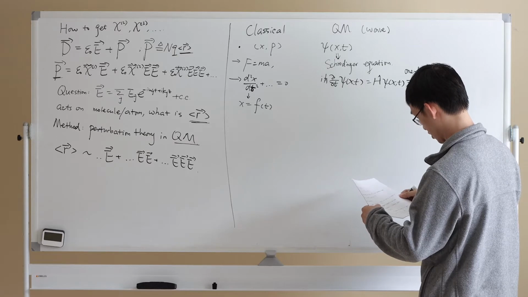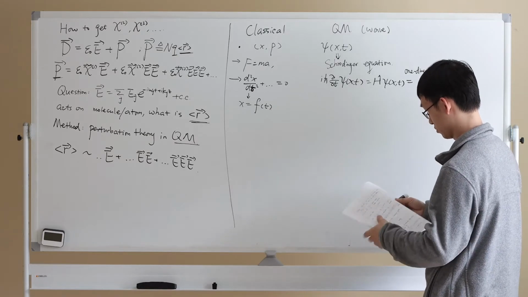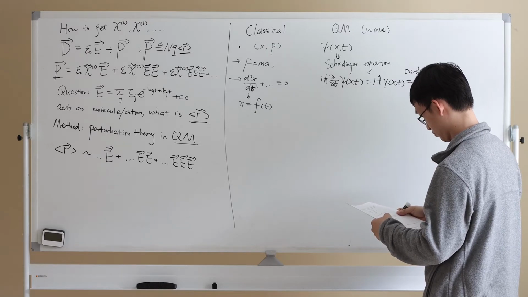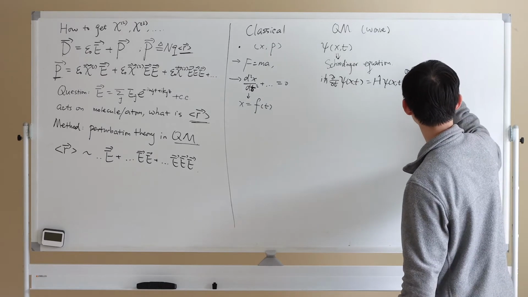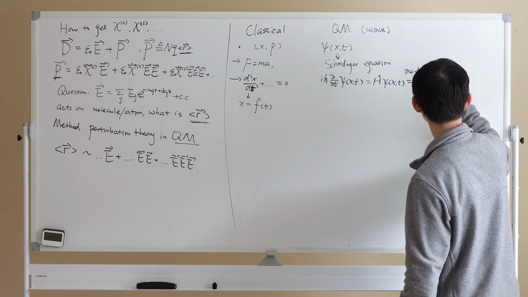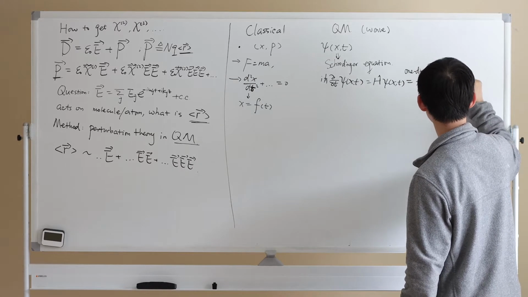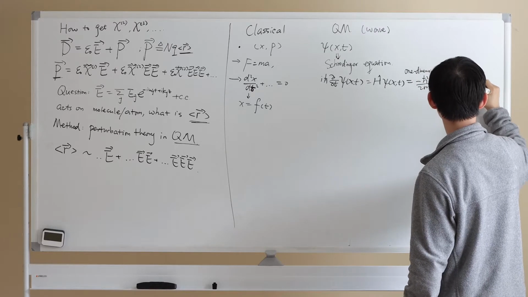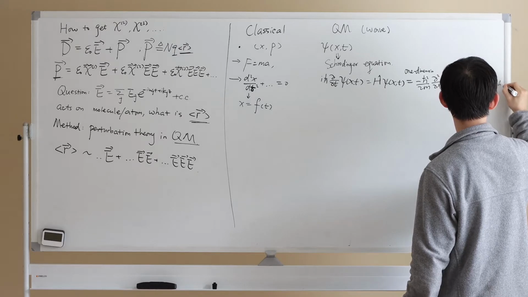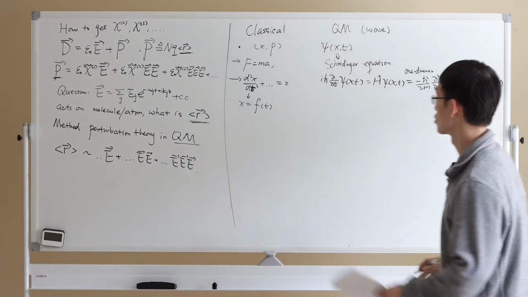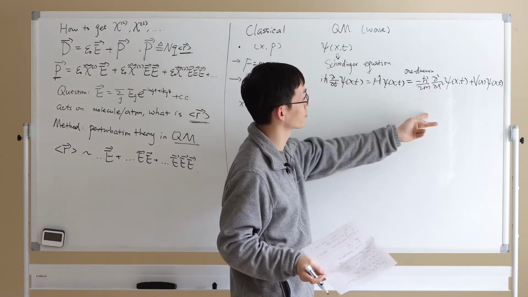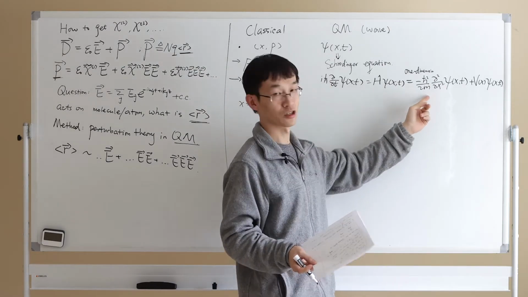Okay, the Schrodinger equation. If you look at it, it's almost the same as our equations for the soliton, right?